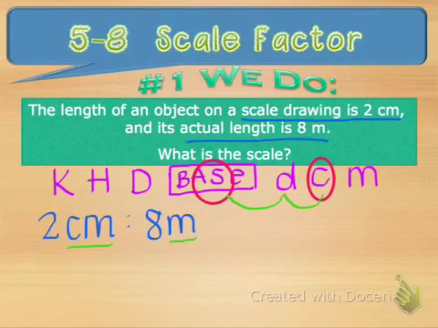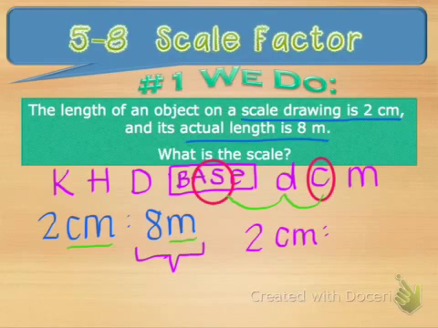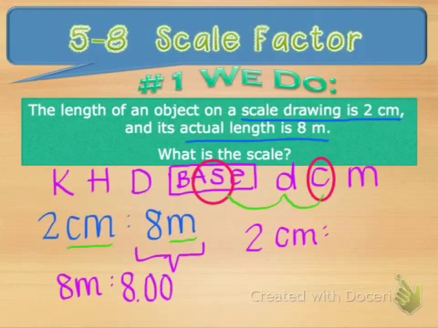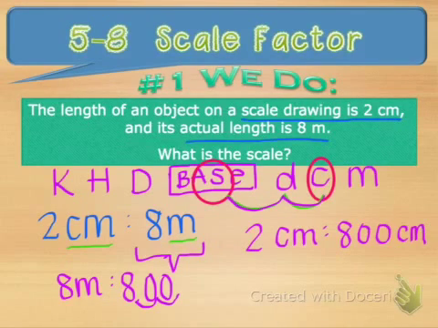So if we have 2 centimeters, and we want to compare that to 8 meters as centimeters, you would need to take 8 and move your decimal point 2 places, because that's how many we moved up here. So it's 800. So now we have centimeter to centimeter.